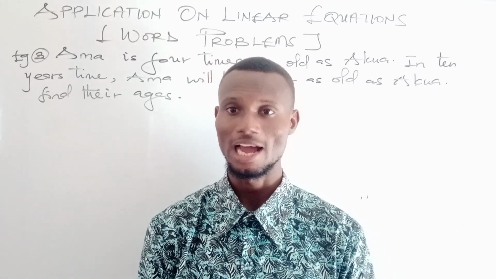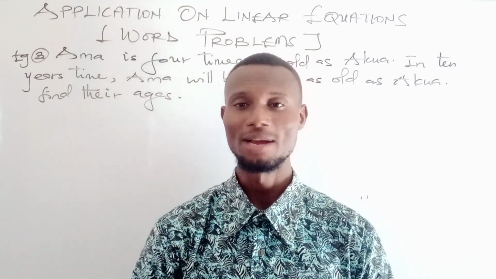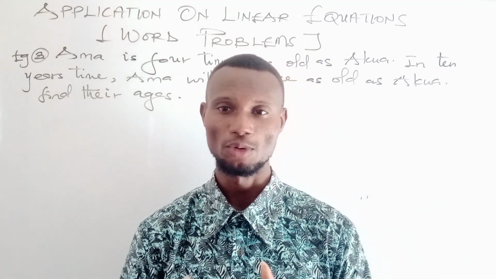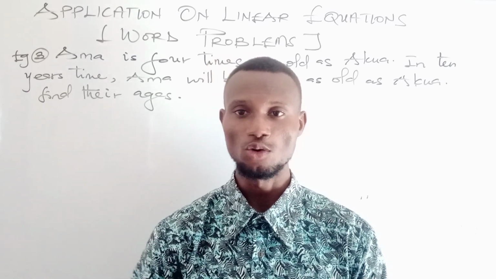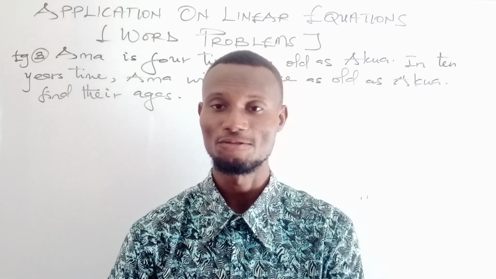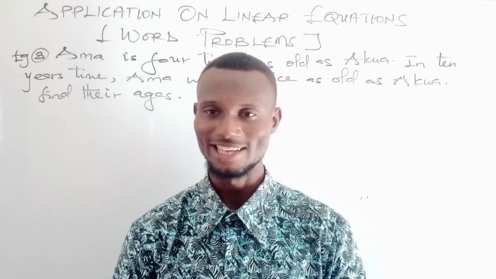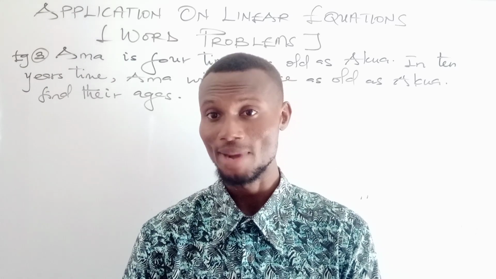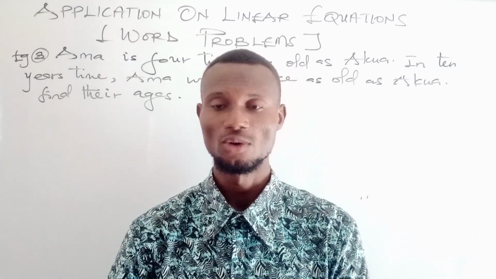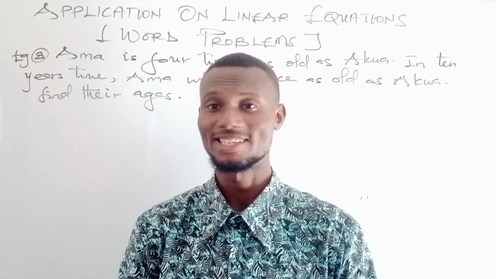That's what I'm showing you in this video. And I'm saying that anytime you have a word problem question and there's an unknown value or an unknown number in it that you are looking for, the first thing to do is that you represent that number or that unknown value by a variable. That's the first thing that you do.